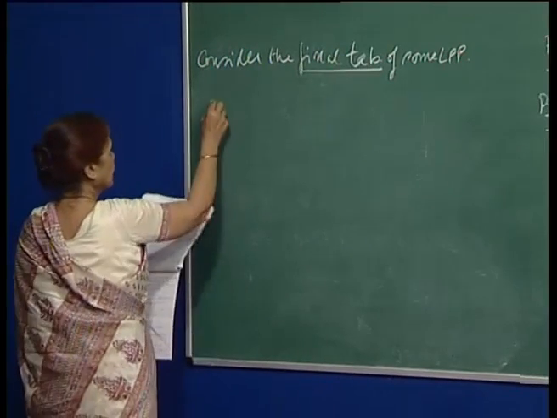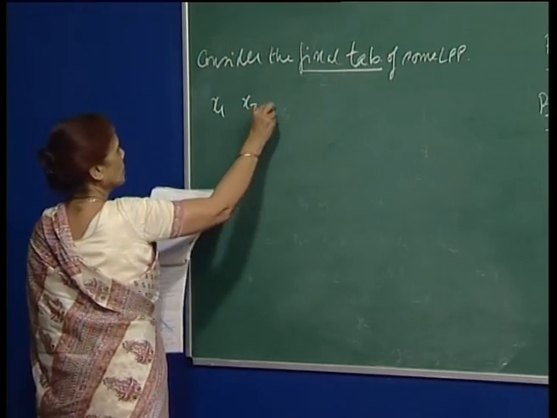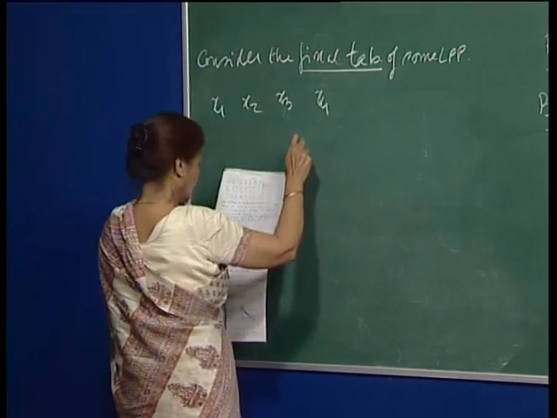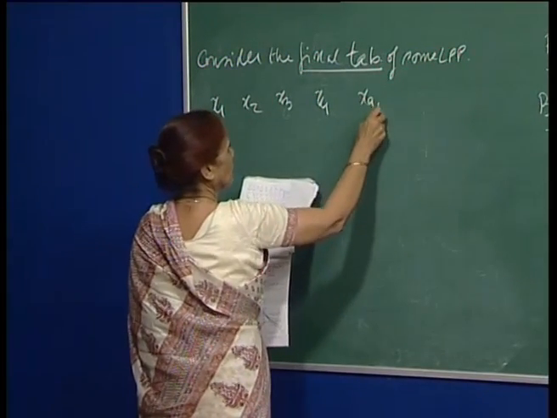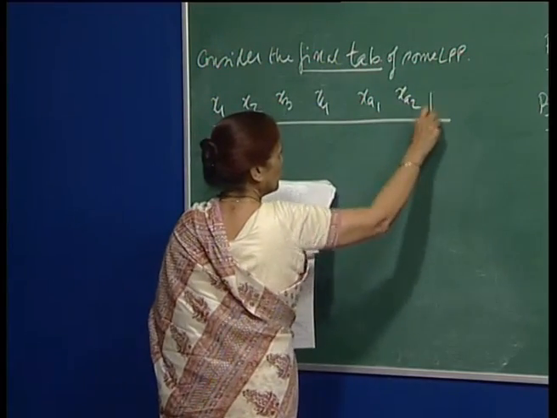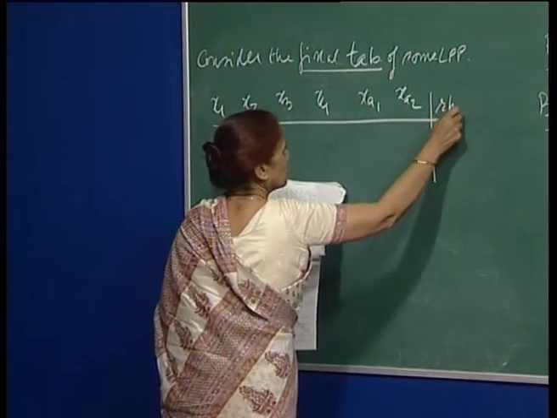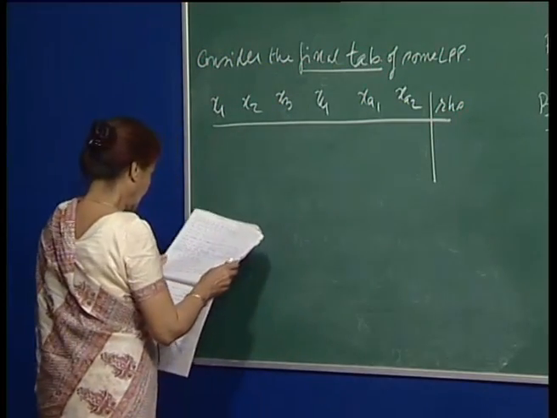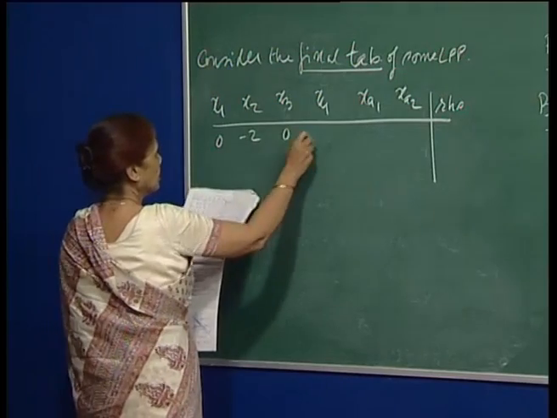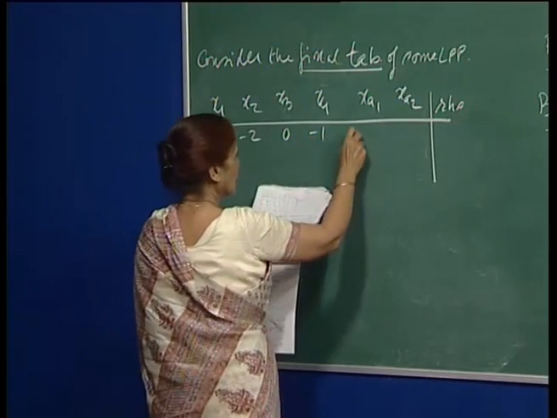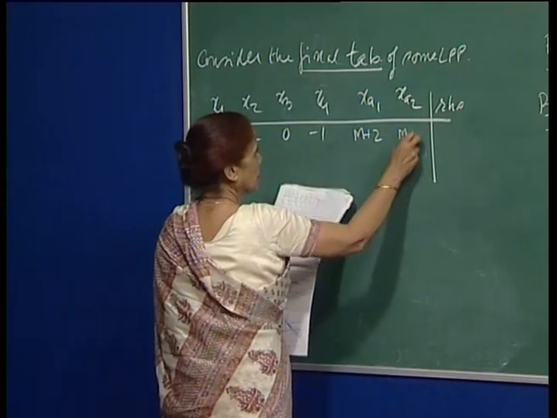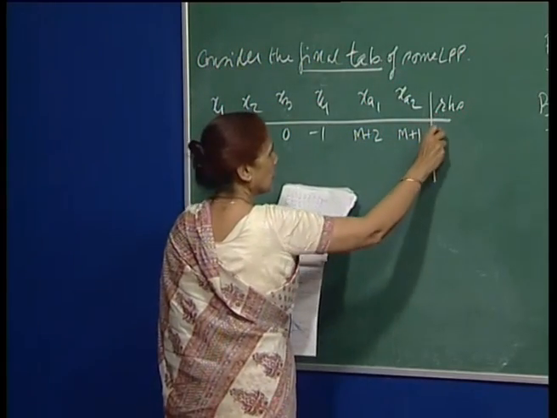Suppose it shows you x1, x2, x3, x4, then xa1, xa2, right hand side. Okay. Now, the top row is 0, minus 2, 0, minus 1, M plus 2, M plus 1, 3.